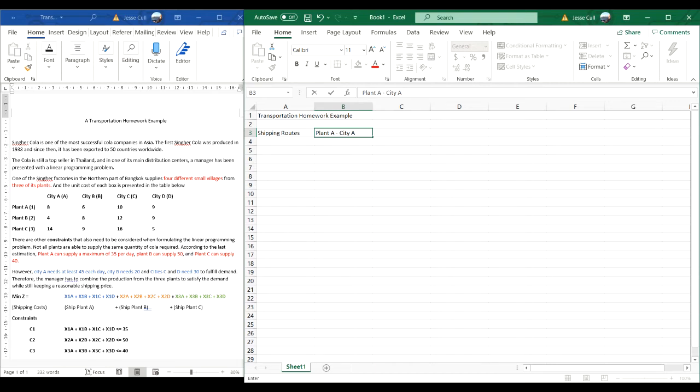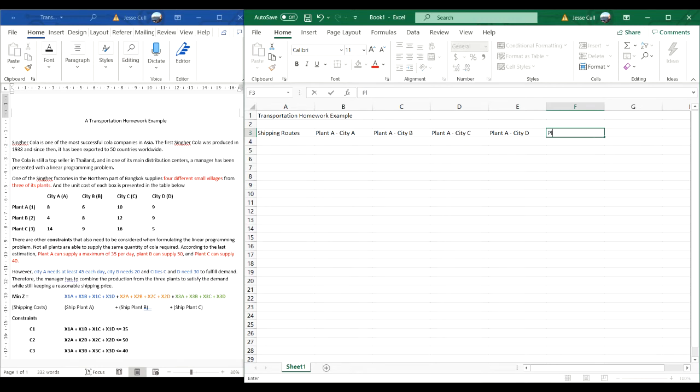We're talking about driving from plant A to city A. Next, we go with plant A to city B, plant A to city C, and plant A to city D. And these are all our shipments from plant A to the various different cities.